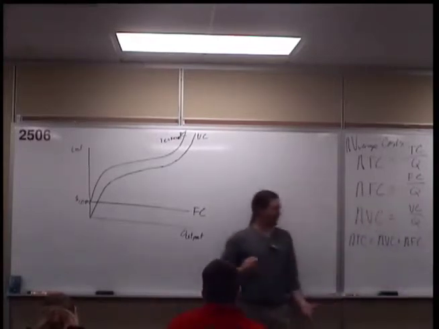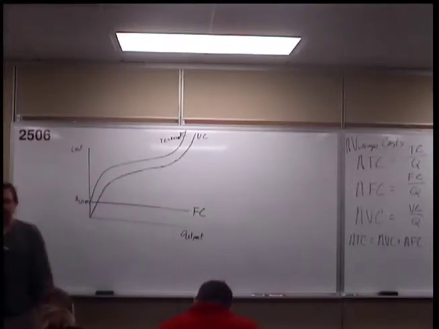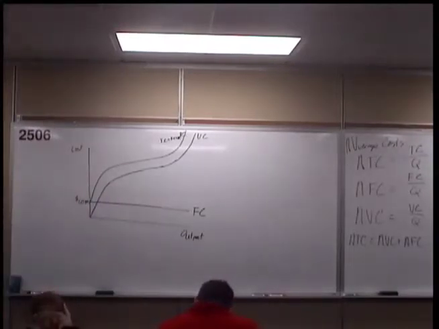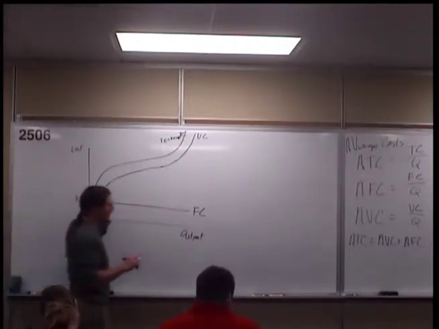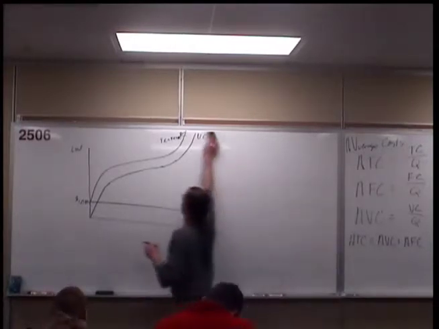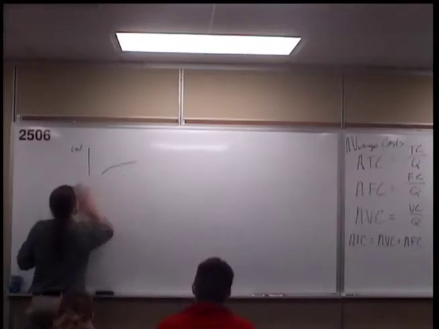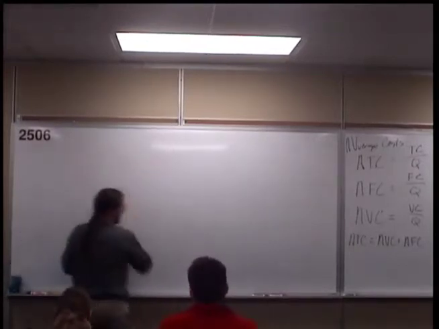If you add up the averages, the total still equals the fixed plus the variable. I mean, this is a mathematical identity, which is nice. All right, so the graphs that I'm going to want you to be familiar with are actually the average variable and average total costs.